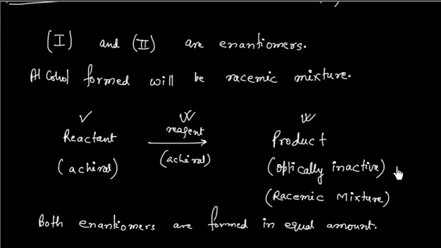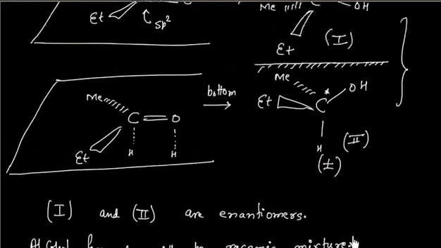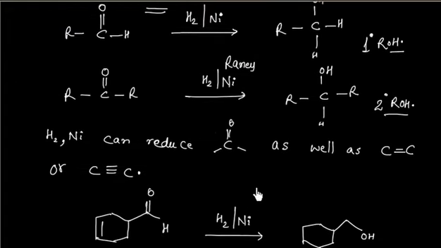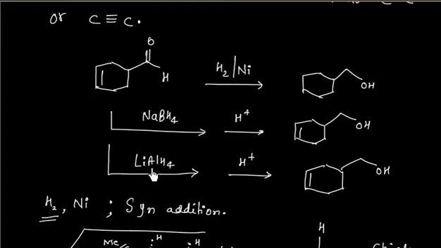So we discussed aldehyde and ketone can be reduced by NaBH4, LiAlH4 and hydrogen. Hydrogen nickel can reduce double bond, triple bond as well as C double bond O, but if I use lithium aluminum hydride and sodium borohydride, it will only reduce C double bond O, because in this case hydride ion, H minus, attacks.